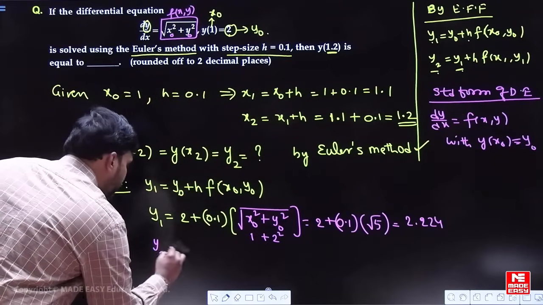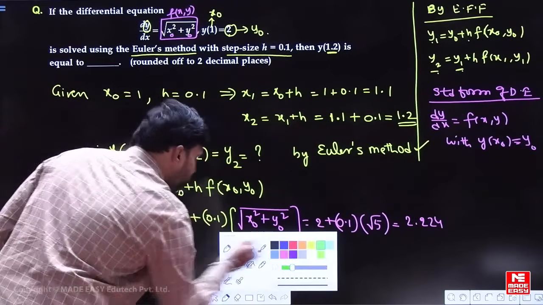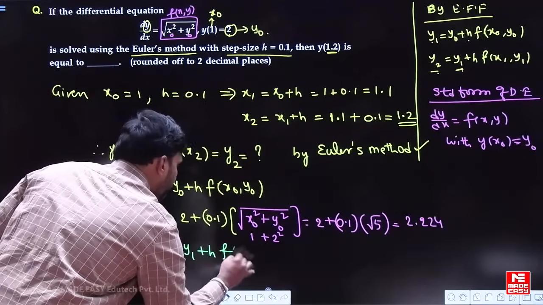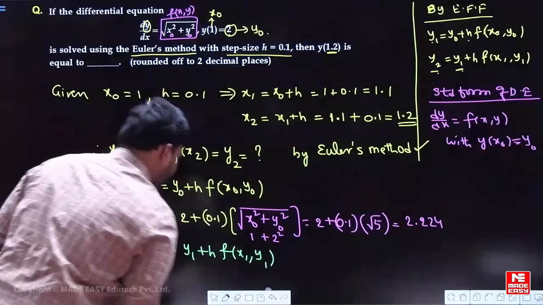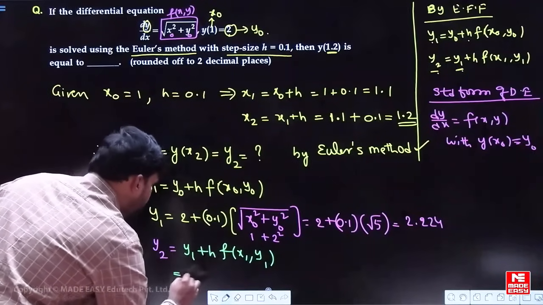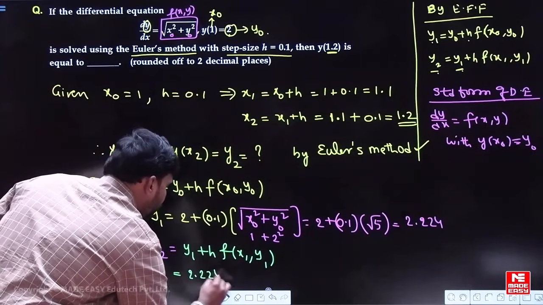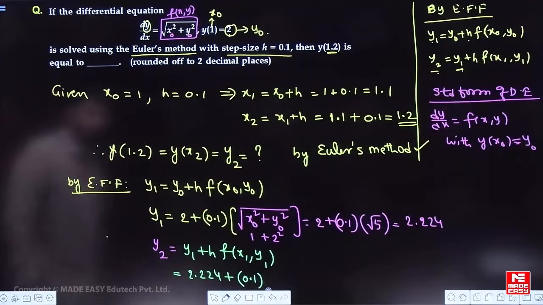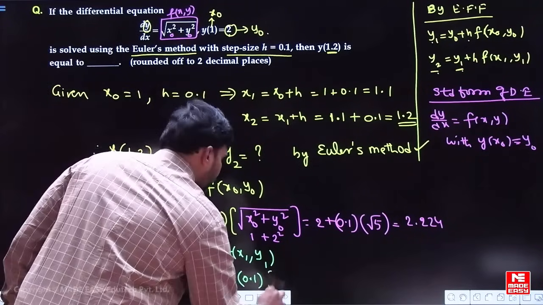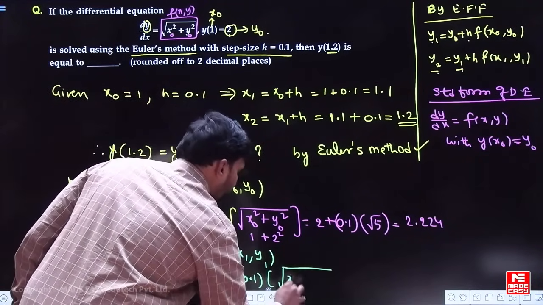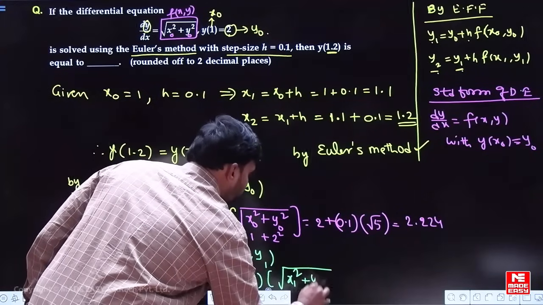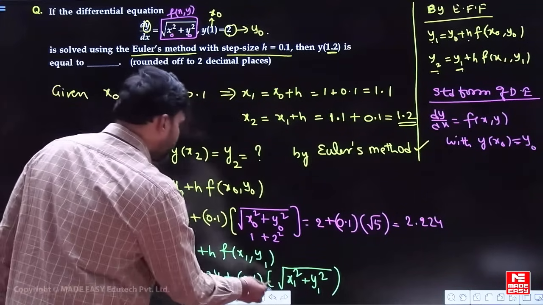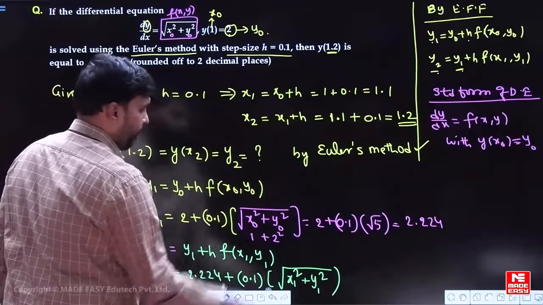Now we have to find y2. Y2 is given by y1 plus h into f of x1 comma y1. So y1 is 2.224 plus h, which is 0.1, into the square root of x1 square plus y1 square. x1 is 1.1.